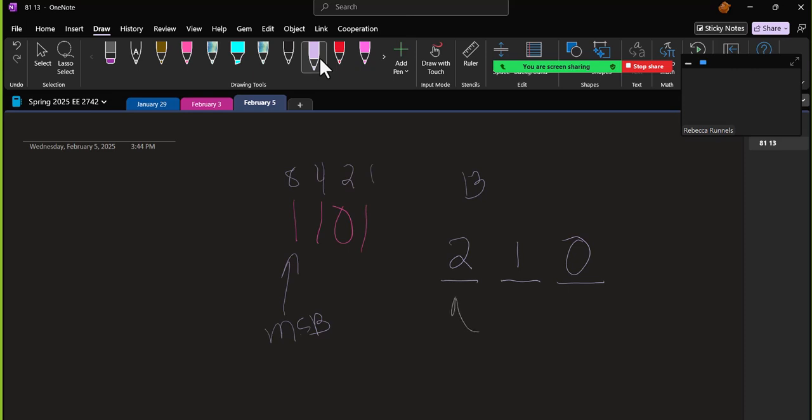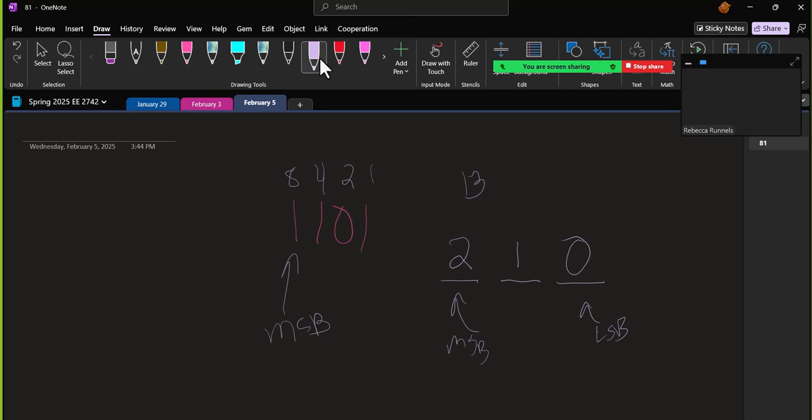This is going to make this one the most significant bit and this one the least significant bit. And that's also going to be important when you do Verilog, when you assign something as a vectored signal, what's the most significant bit and what's the least significant bit.